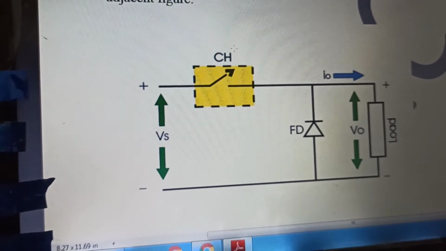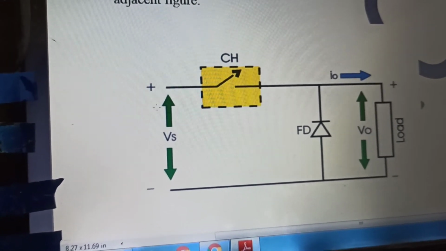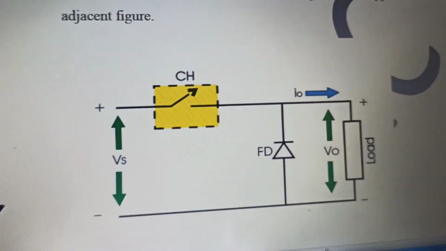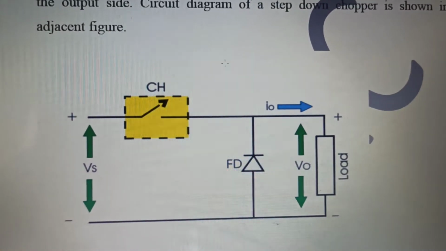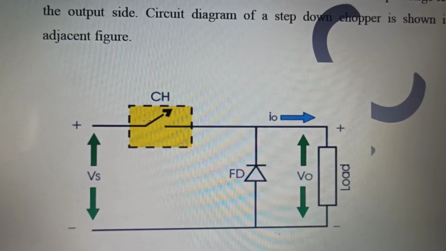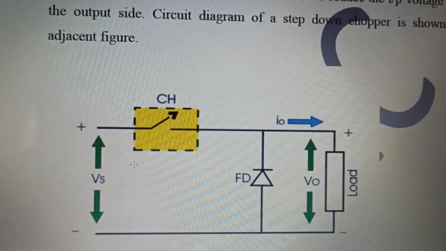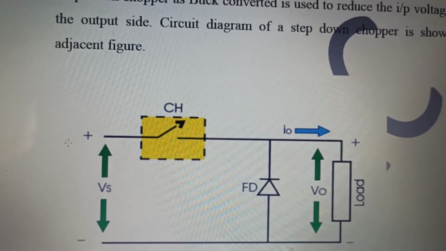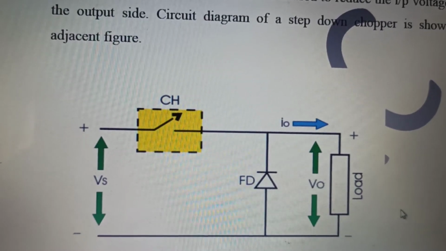Whenever this switch is turned on, it will connect this Vs to the load side. I think it is clear. And whenever it is turned off, then this connection is broken, and the source voltage is not applied at the load end.